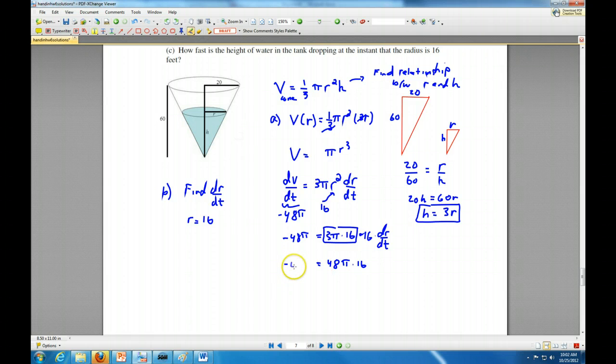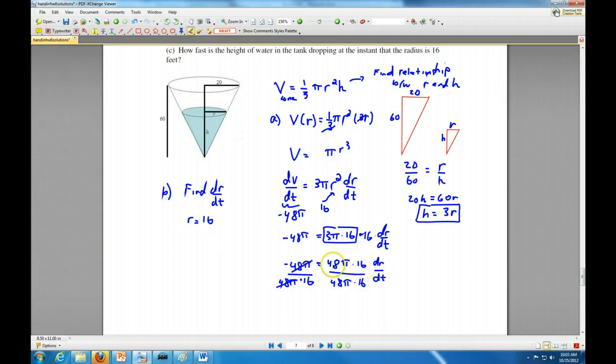When I divide by that, I can just easily cancel. I'm trying to solve for dr/dt, so I divide by what's multiplied by dr/dt, and we can see how we cancel.